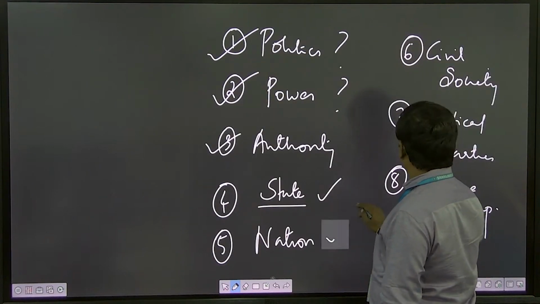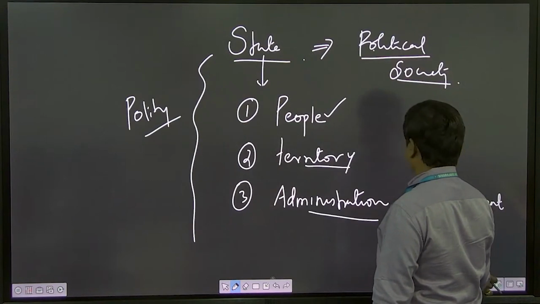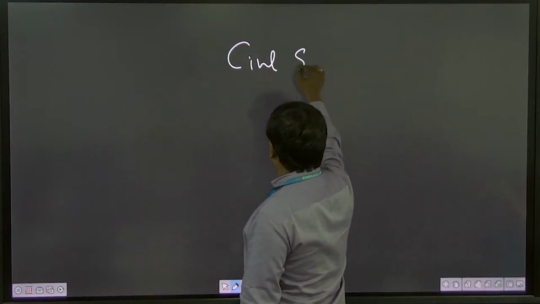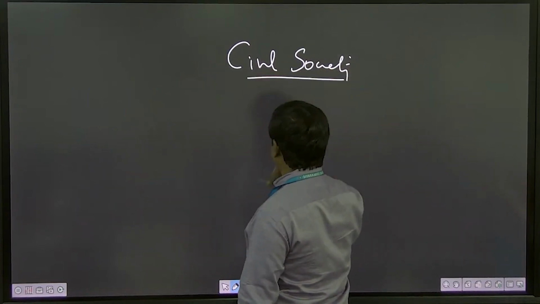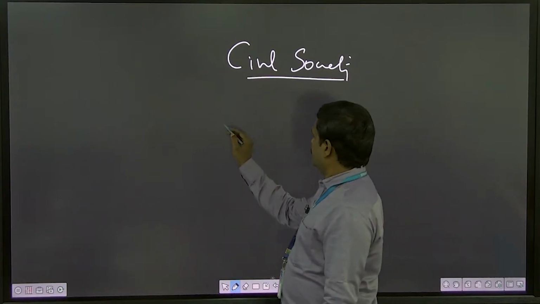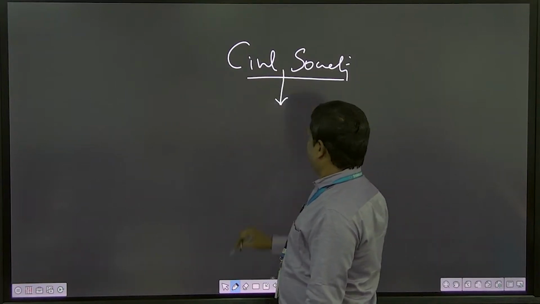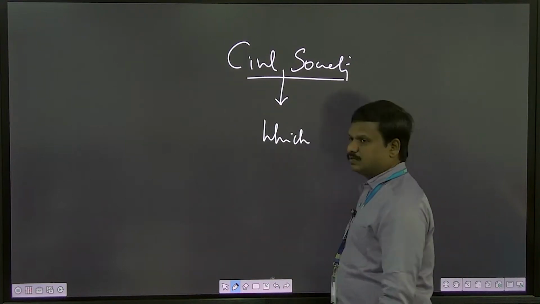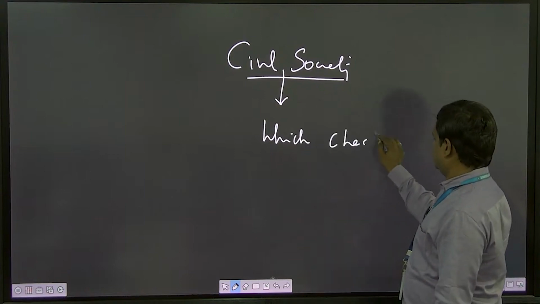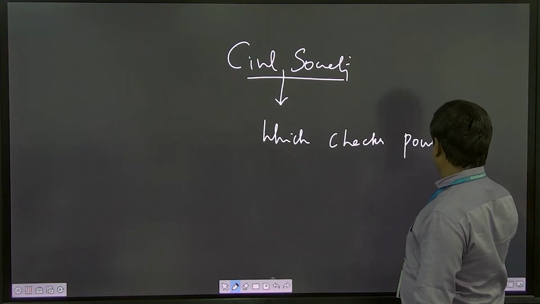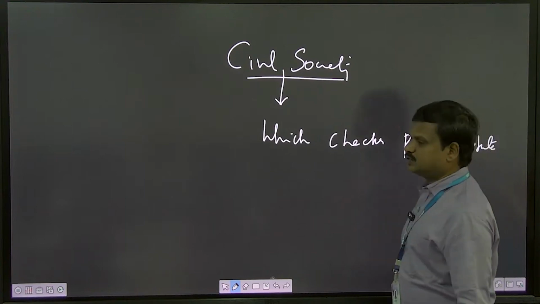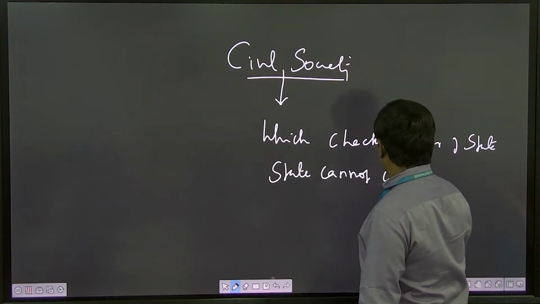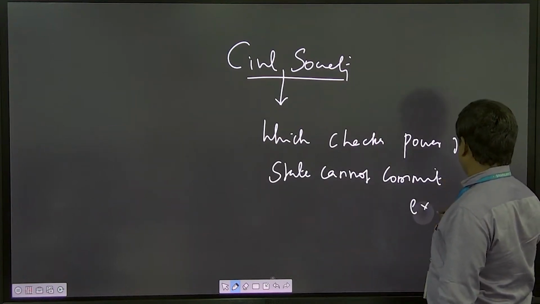This is done. What do you mean by civil society? Civil society means a society, a group which checks the power of the state, so that the state cannot commit excesses.